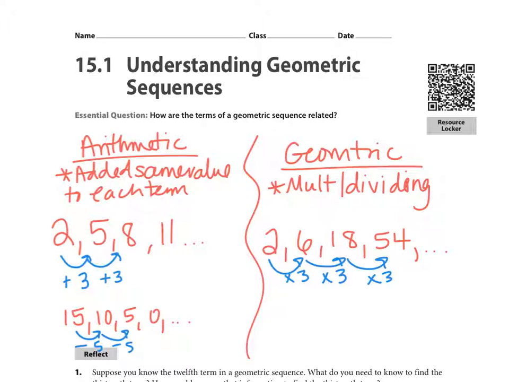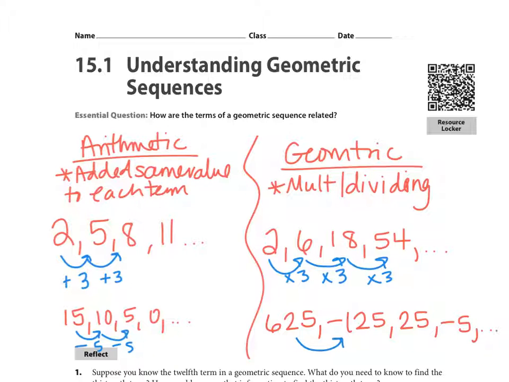So if I do 625, negative 125, 25, negative 5, notice now it's getting smaller. So we're going to divide by something, and it's also changing signs, which means the number I'm dividing by is negative.